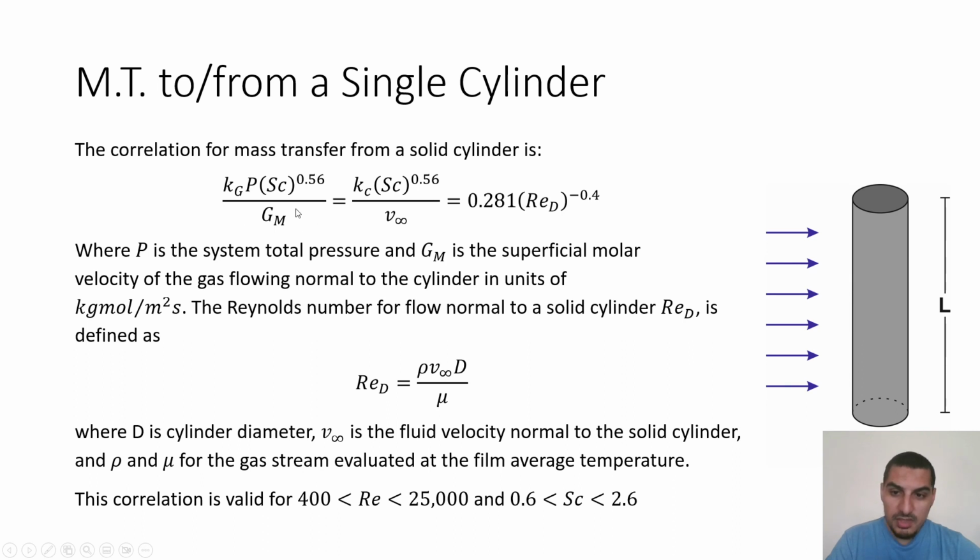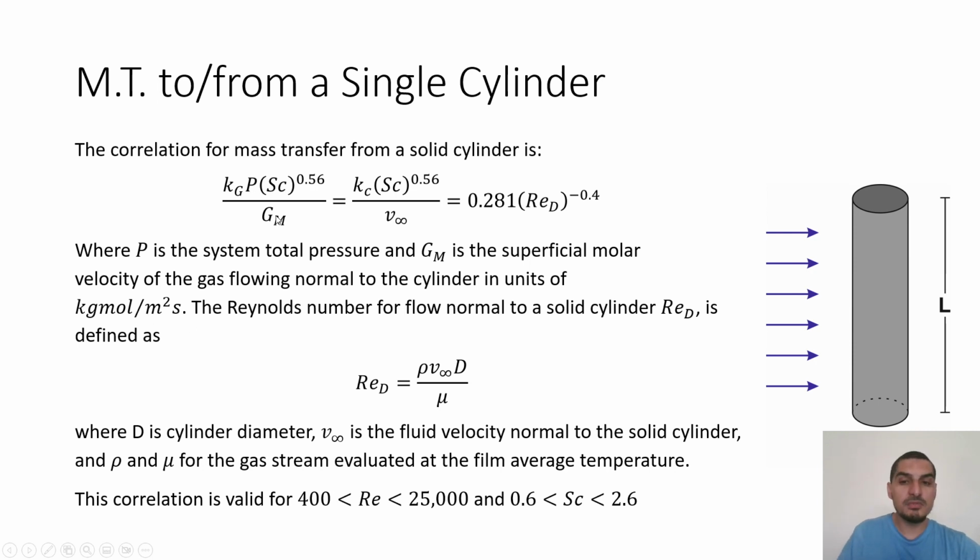This Gm is called the superficial molar velocity of the gas, normal to the cylinder. This is another way of representing the velocity, but it's in terms of the molar velocity, which is how many moles per second per unit area. This is how we define it.